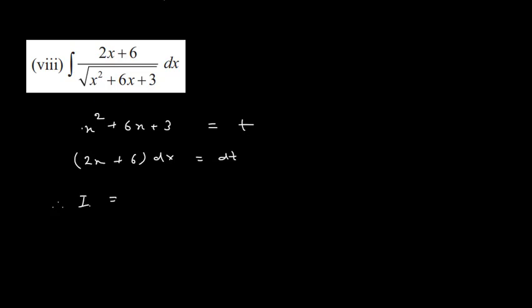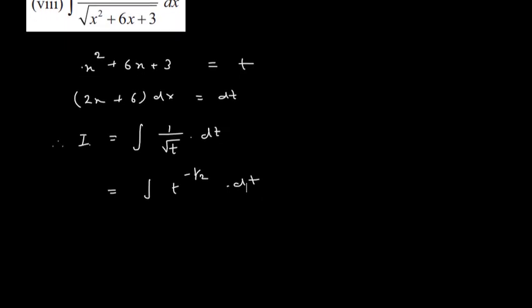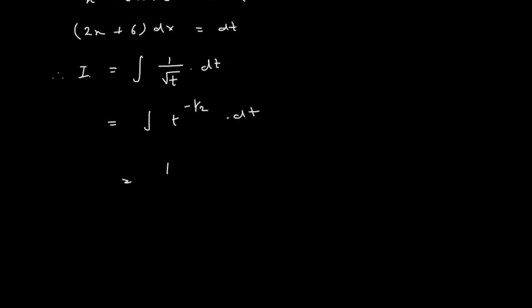So therefore you get the integration I is equal to the integration of 1 upon root of t into dt. Now this 1 upon root t is t power minus half, it will go in the numerator into dt. When you integrate it, it will become t power plus half, since minus half plus 1 is plus half, divided by half, plus c.